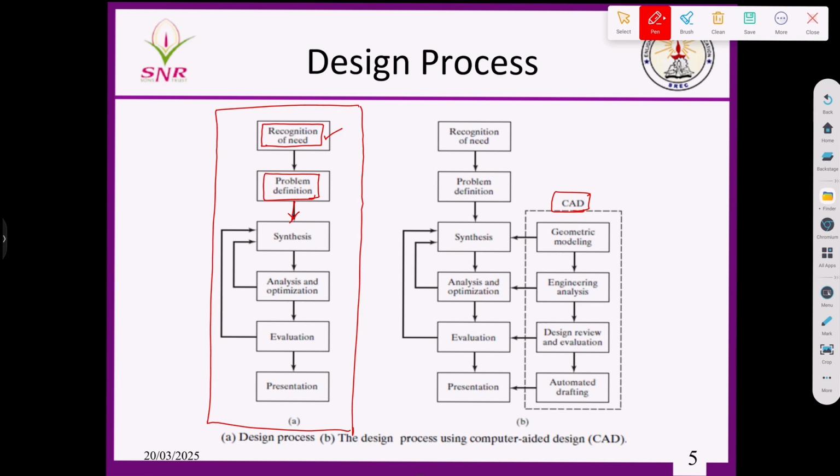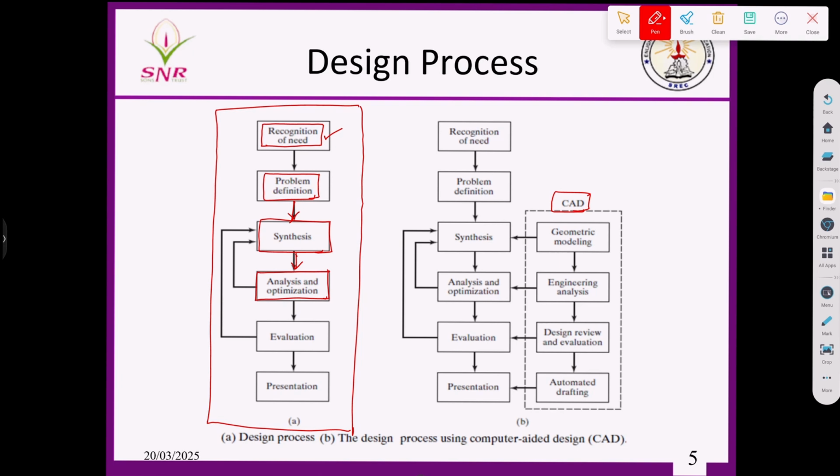Then comes the embodiment design, where we assign dimensions, material and all the engineering parameters that play a role in the working of that particular product. After all these things are synthesized, we get a theoretical output of the product, and this theoretical output has to be analyzed through engineering models, and it can be optimized for proper functionality.